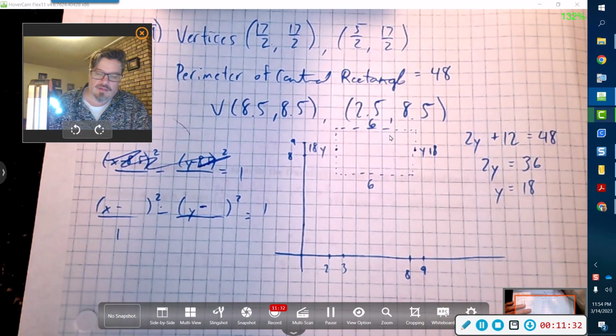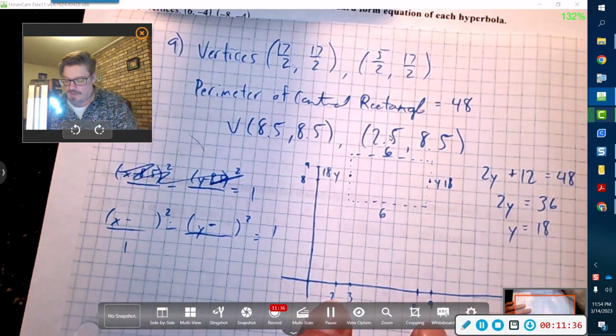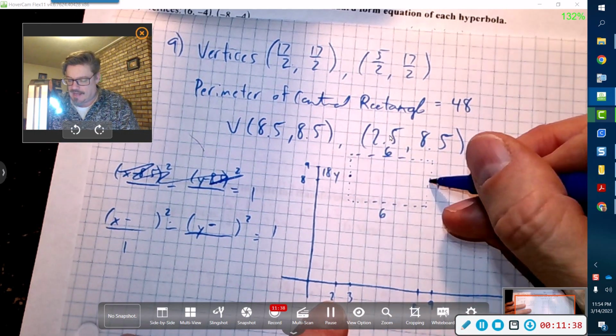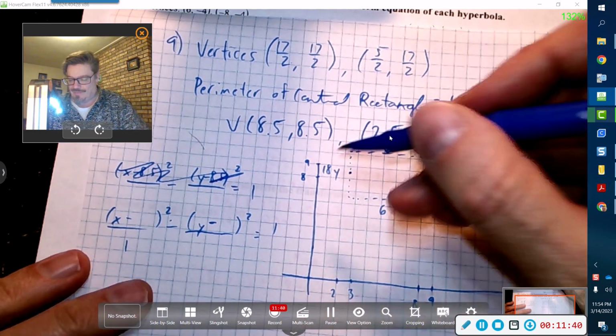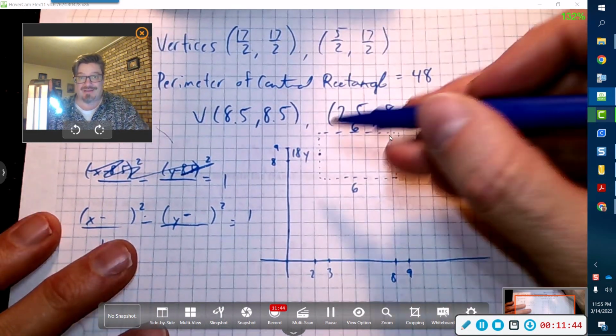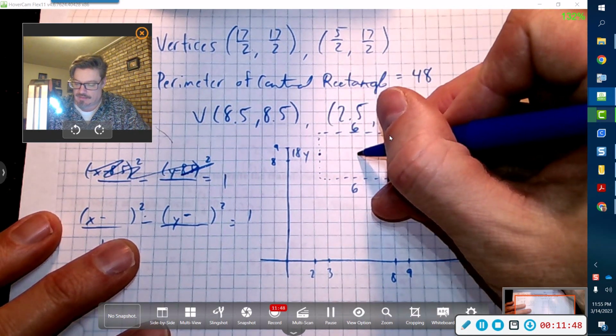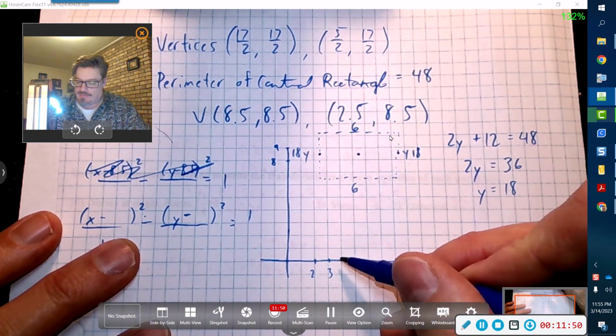Right in the middle between 2.5 and 8.5 is 6 units. So if I went 6 units all the way, that means if I go halfway, 3 units this way, that's going to be 5.5.